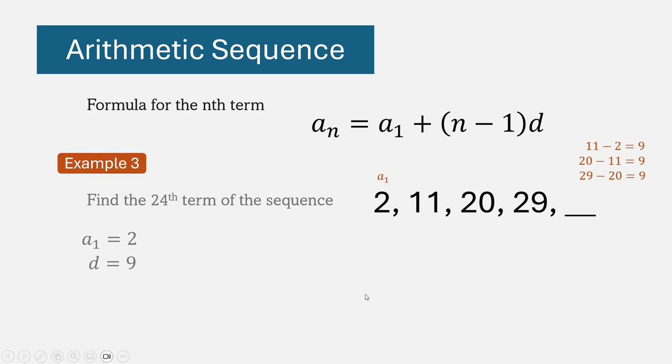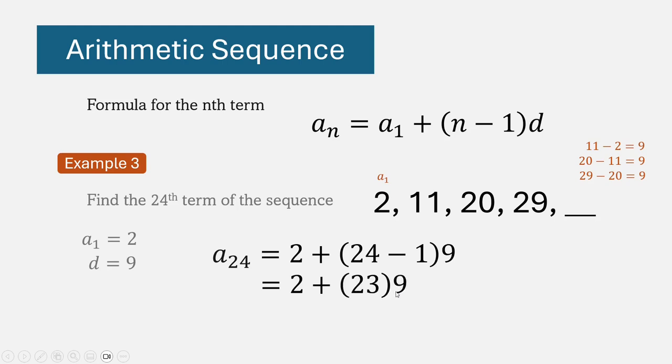So d is equal to 9. a sub 24 is equal to the first term, 2, plus n, which is 24 minus 1, multiplied by 9. So 2 plus 24 minus 1, that's 23 times 9. That is 2 plus 23 times 9, which is 207. And our 24th term is 209. So it's really easy.